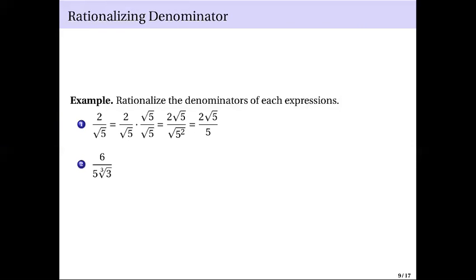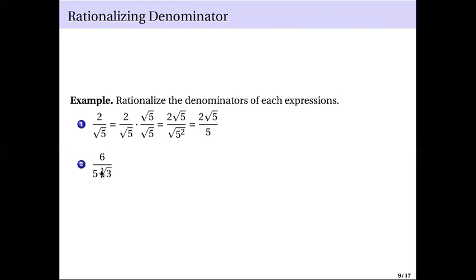Next example here, 6 over 5 cube root of 3. You have cube root of 3 in the denominator. We can multiply by cube root of 3, but what will happen? Cube root of 3 times cube root of 3 will only give you cube root of 3 squared.